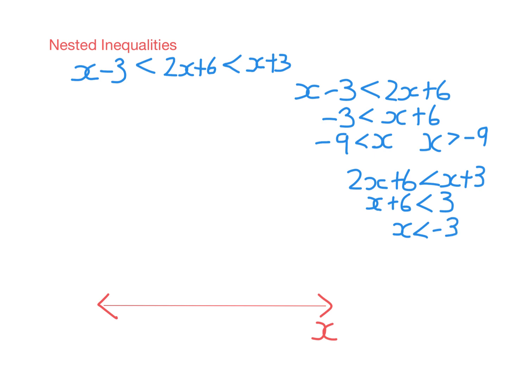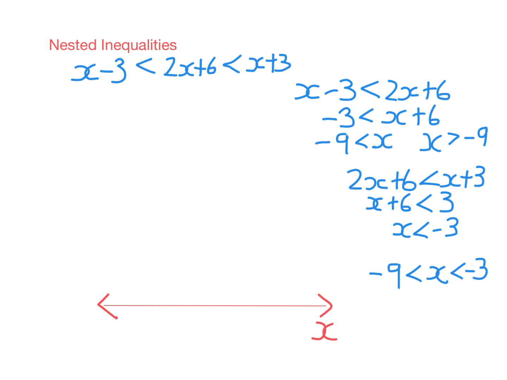So the solution to this, anything will work that is greater than negative 9 and less than negative 3. So I can write that in one nested inequality as negative 9 is less than x, which is less than negative 3. You read this as x is between, but not including, negative 9 and negative 3.